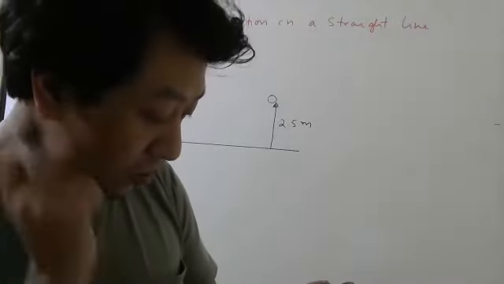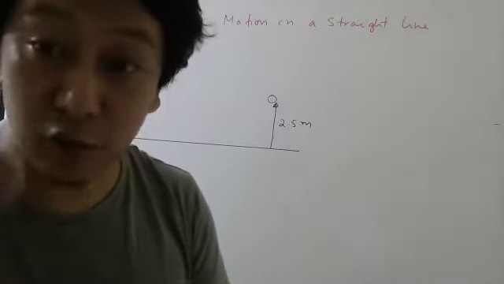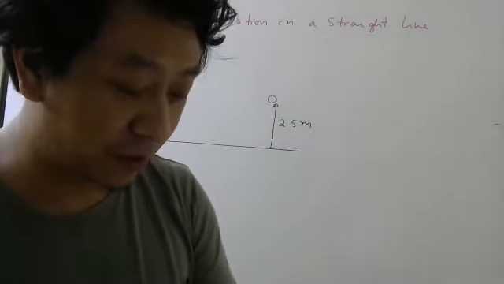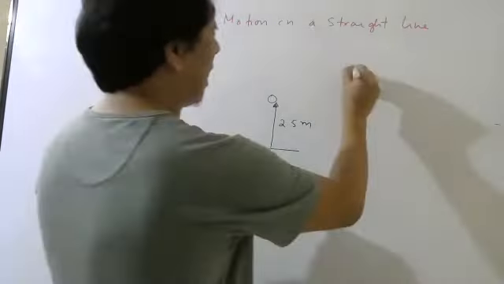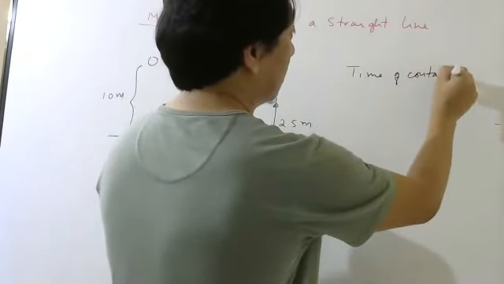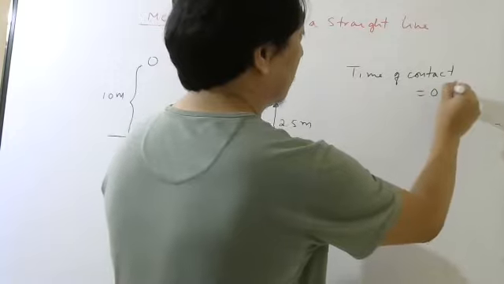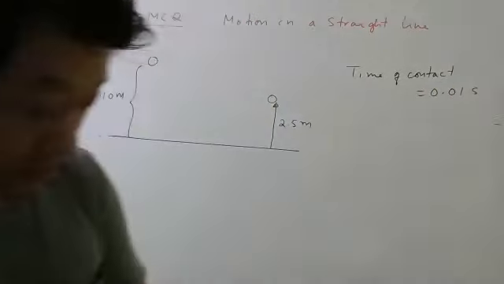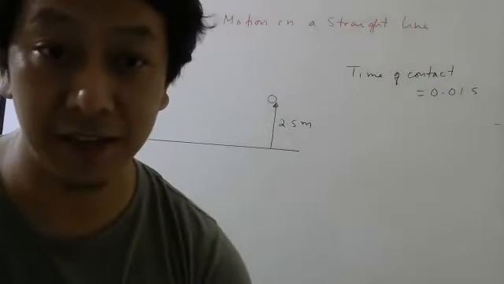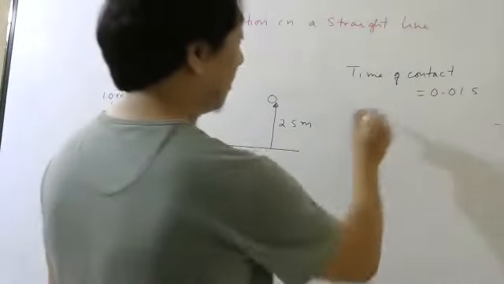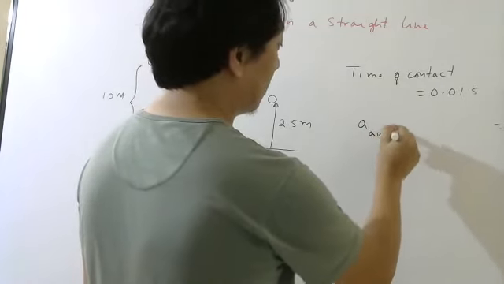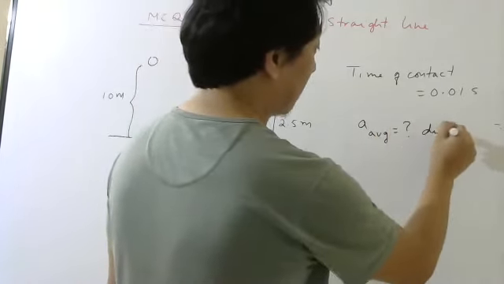Now they also say the ball is in contact with the floor for what time? 0.01 second. So time of contact is 0.01 second. They want you to find the average acceleration during contact.